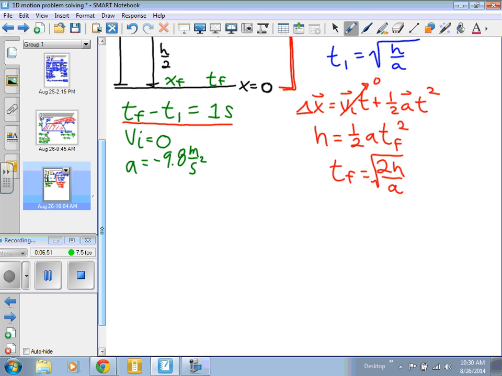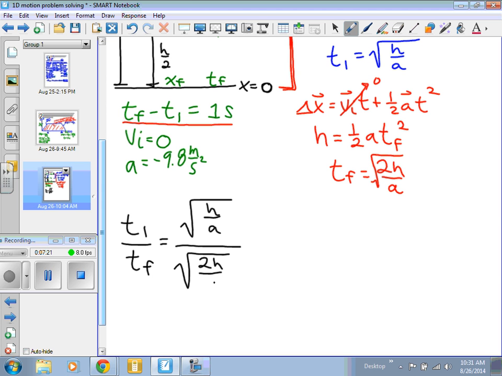I have this square root and the h in there with the a, and so I'm going to combine those together. I'm going to say that t1 over tf is equal to the square root of h over a, so that's my equation for t1, divided by the square root of 2h over a.